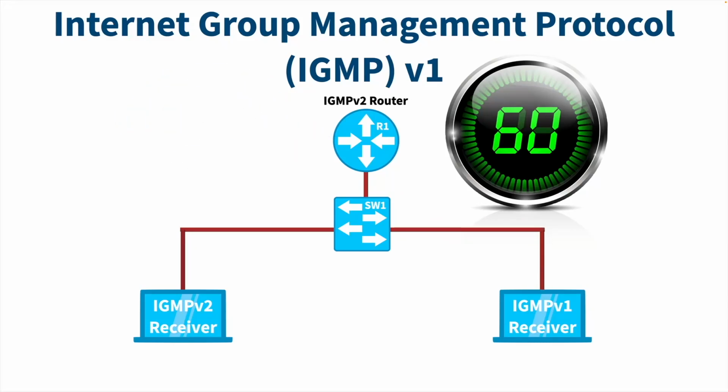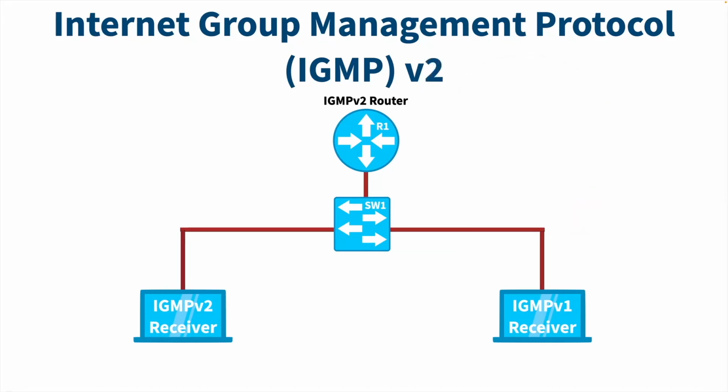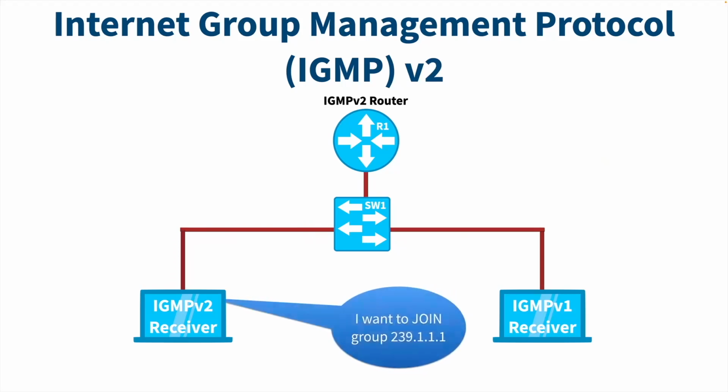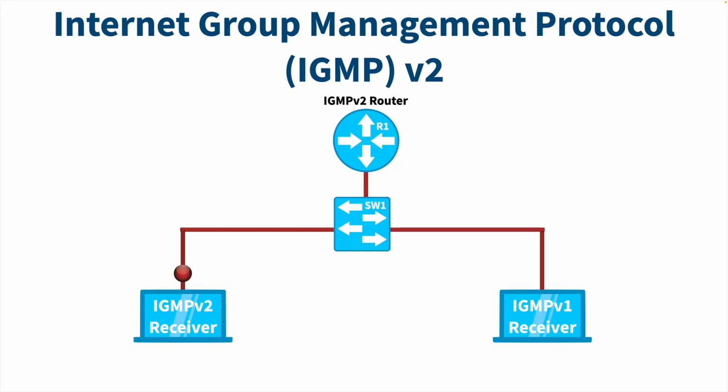So the big characteristic of IGMP version 1 versus version 2 that I want you to know is that version 1 does not proactively leave a group when it wants to leave the group. And that's different with IGMP version 2. It's much more polite. It's going to tell the host, thanks for having me, I'm going to now leave the party. And here this laptop is saying, I also want to join 239.1.1.1, but when it no longer needs to belong to that group, it's going to send a leave message saying, I want to leave that group.